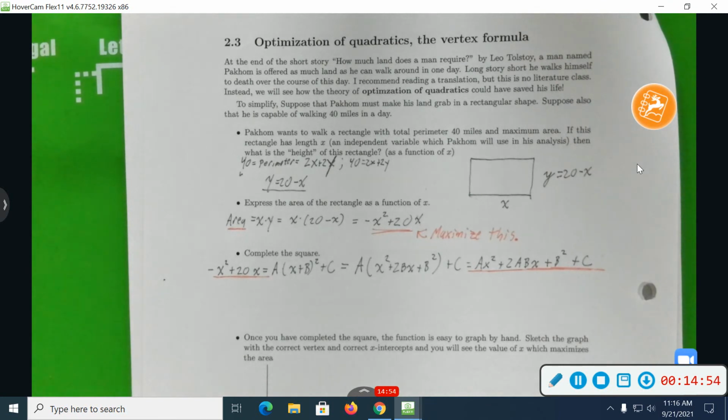So if this is the same as that, then the coefficients in front of x squared need to be the same. So this coefficient of x squared is -1. So what does that tell you over here? Yeah, this will have to be a negative sign.